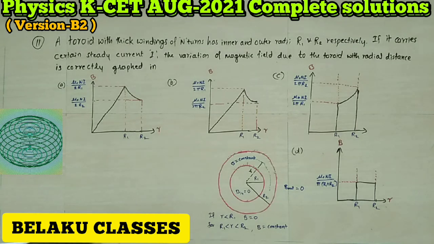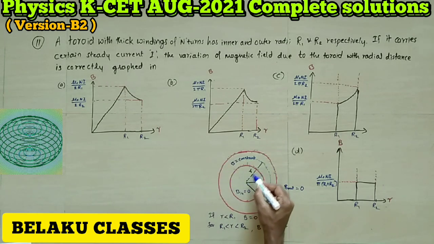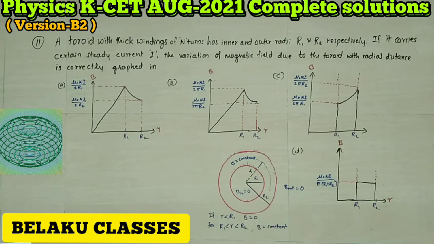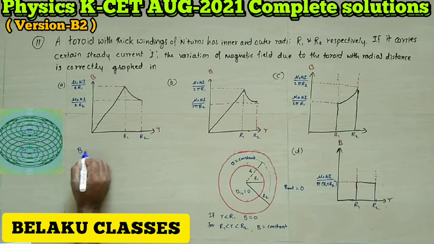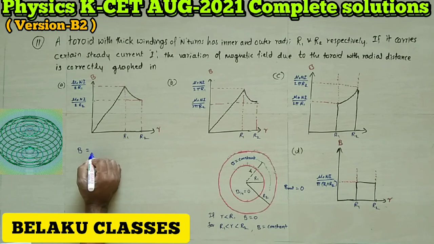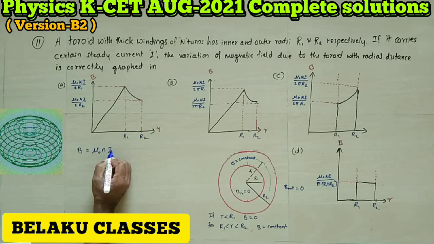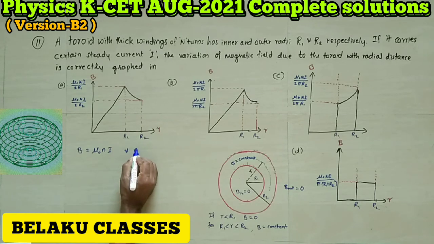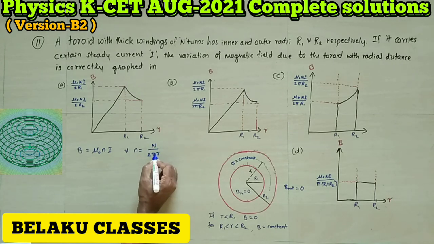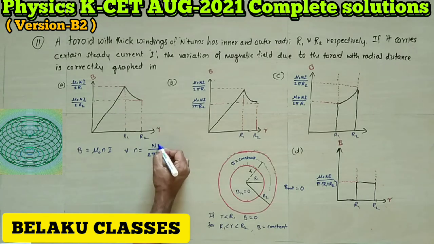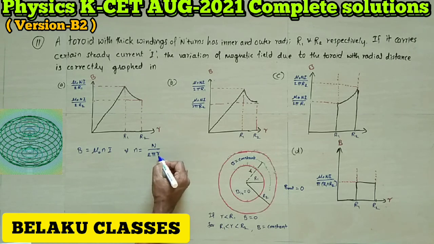Now we have to find the variation of magnetic field due to the toroid with the radial distance. R is the radial distance here, and we know that the magnetic field B of a toroid is given by mu naught n I, where I is the current and n here is N by 2 pi R, where capital N is the number of turns of the toroid and R is the radial distance.